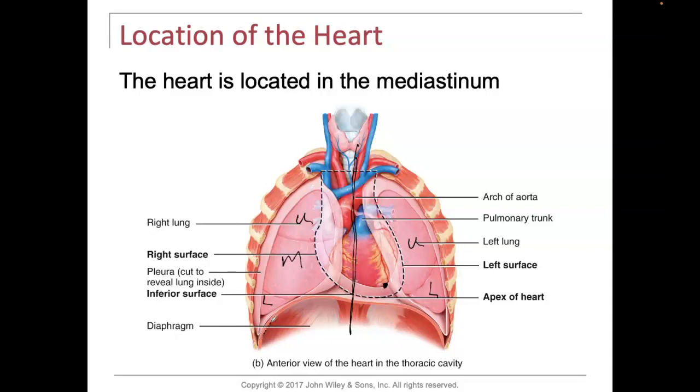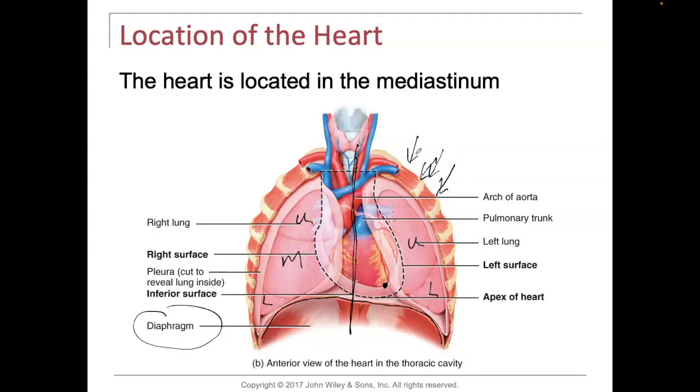We could see that it is above this muscle right here, and that muscle is called the diaphragm. And we can see the rib cage, the ribs here, and the intercostal muscles. So all of that is going to protect not just the lungs, but also the heart.